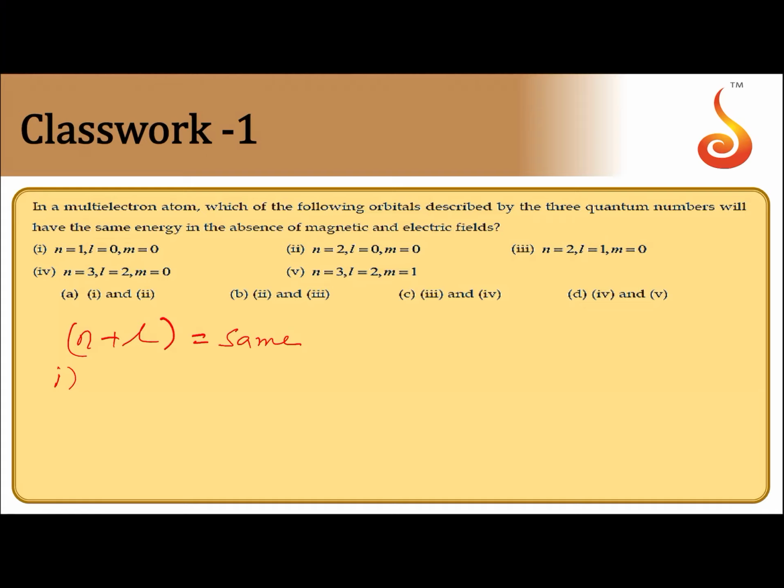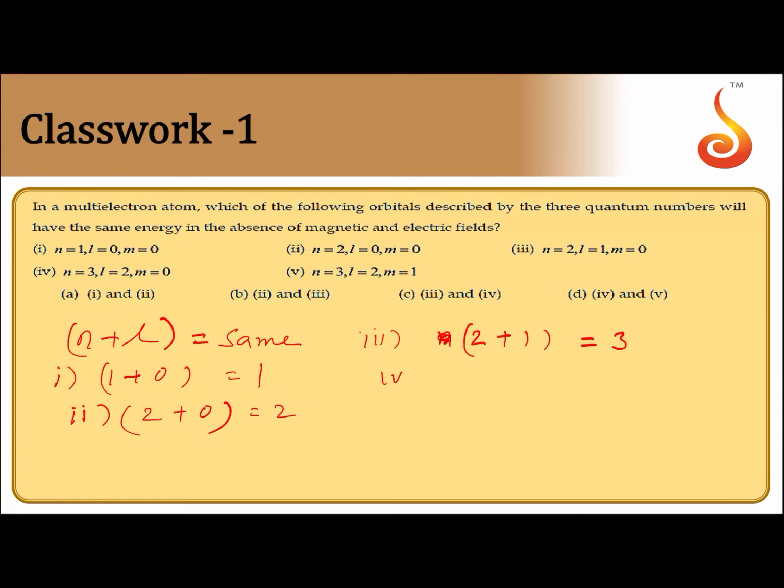If we take the first option, the value of n is 1 and L is 0, so n plus L is 1. In the second one, n is 2 and L is 0, therefore the value is 2. In the third one, n is 2 and L is 1, therefore n plus L is 3.